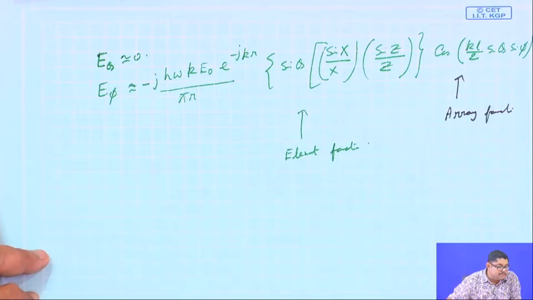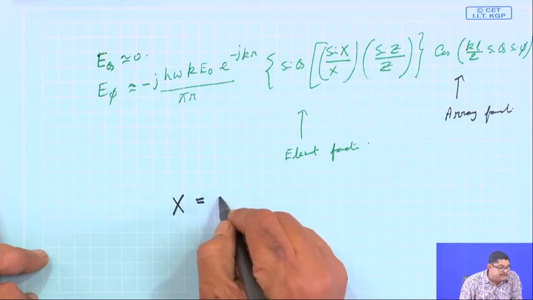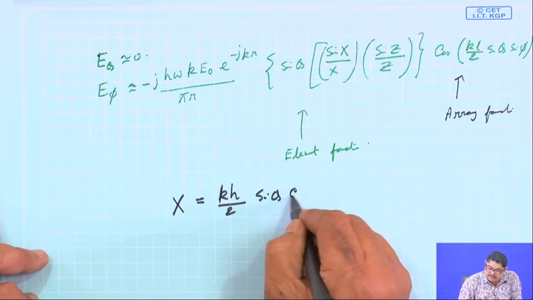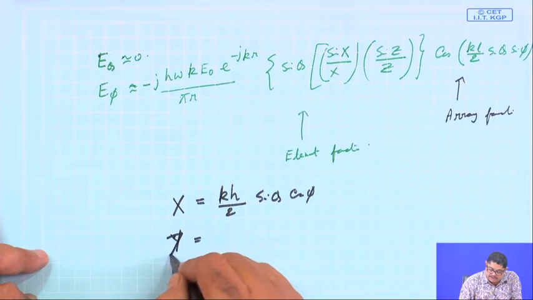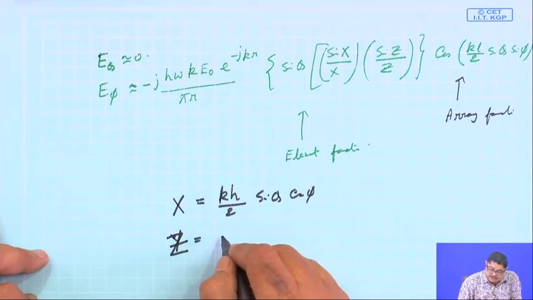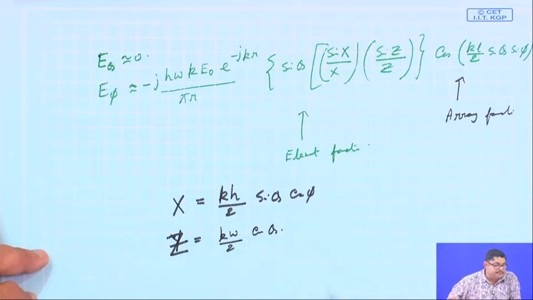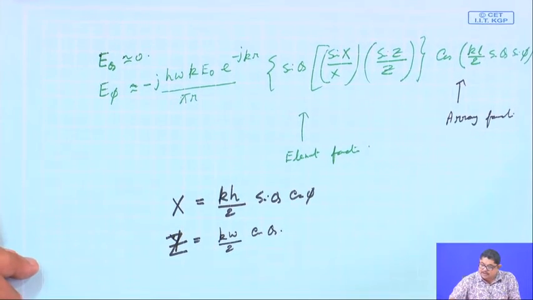And what is x? X is k h by 2 sin theta cos phi, and z is k w by 2 cos theta. Now, usually the substrate thickness h is very small.